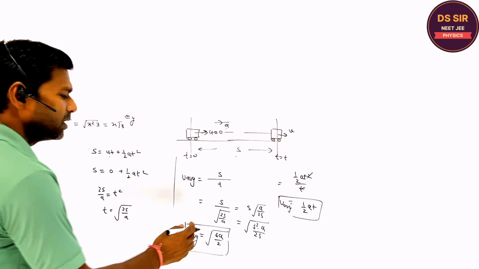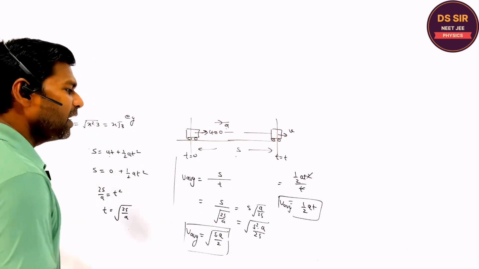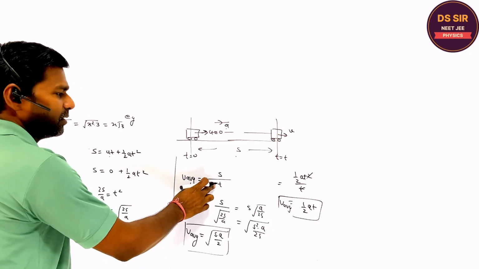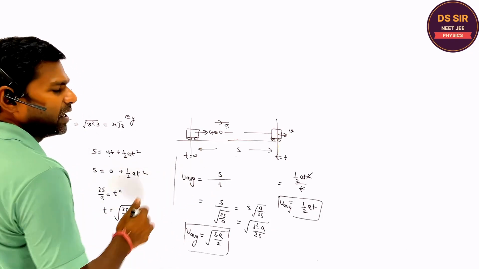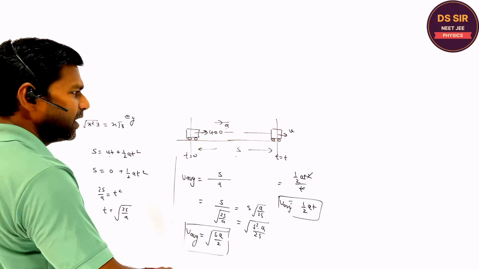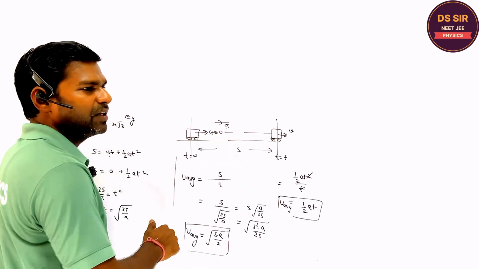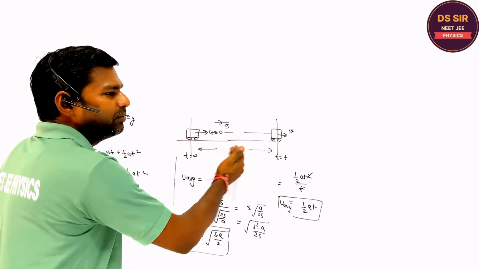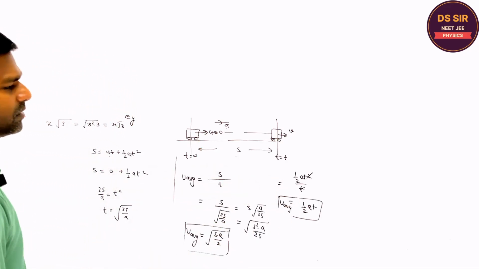But in the question the acceleration and the displacement are given, so that is why we have replaced the time t in terms of s. You understand or not? If the time t was given, suppose find the average velocity for the initial time t, then we have to give this answer.